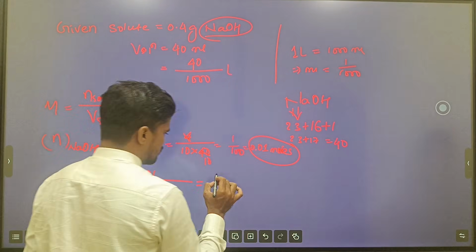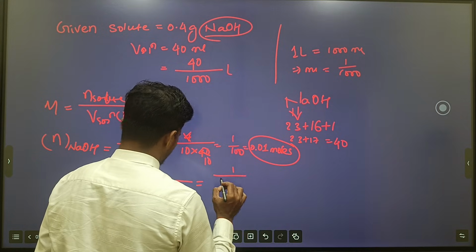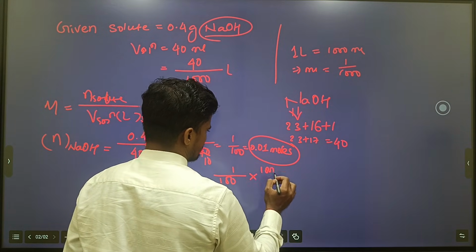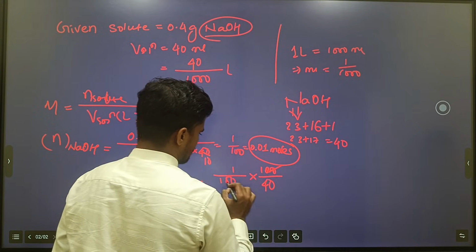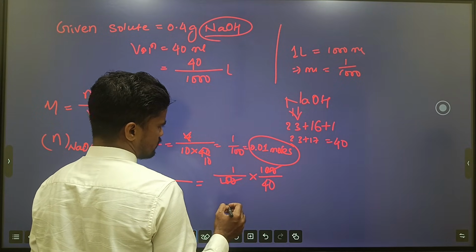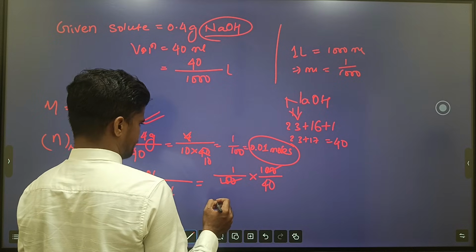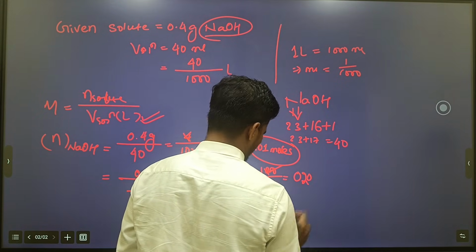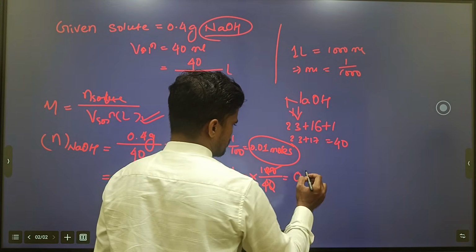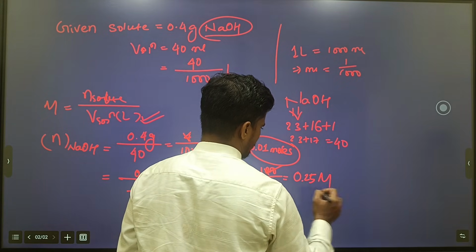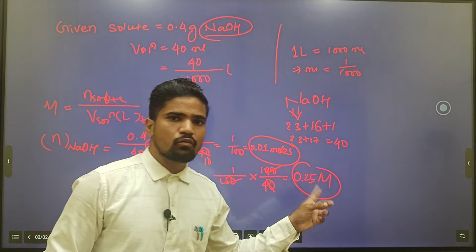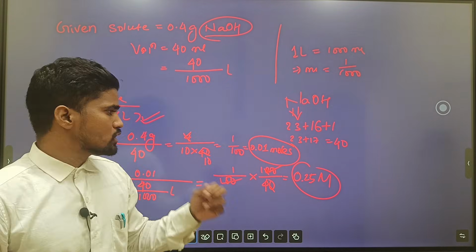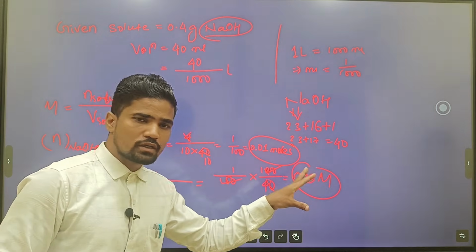So this is equal to 1 upon 100 into 1000 upon 40. 20 cancels out. 1 by 4, and 1 by 4 means 0.25. So now the molarity of that solution is coming out 0.25 molar solution. Molar we can also write down as capital M.